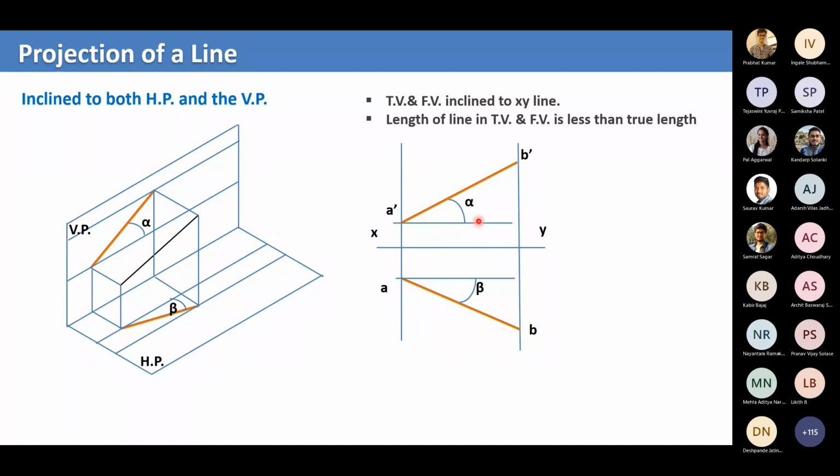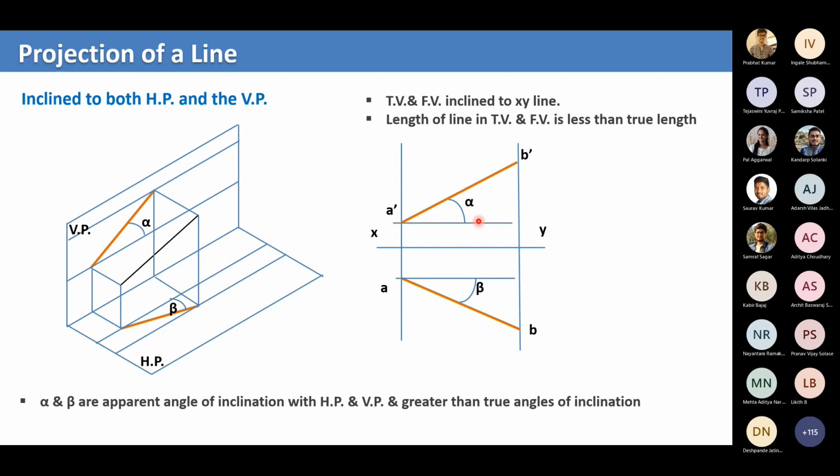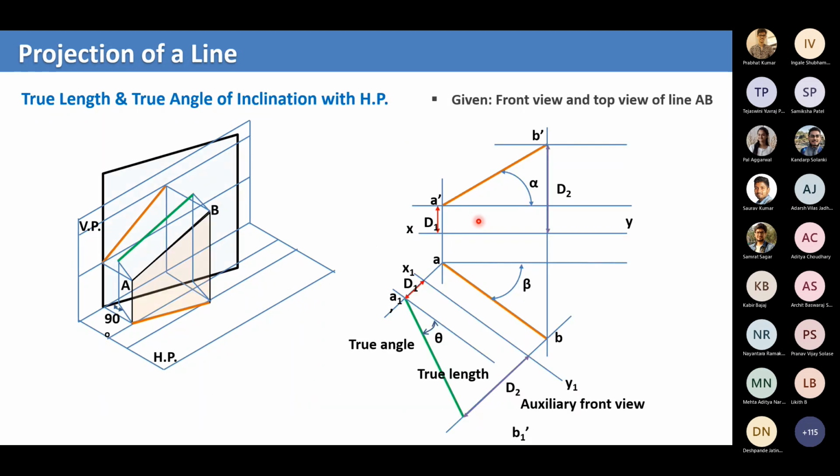So the top view and front view will not give you the true length of the line AB. For this, we want to develop an auxiliary view and see which auxiliary view will give us the true length. Now let us take an auxiliary vertical plane.